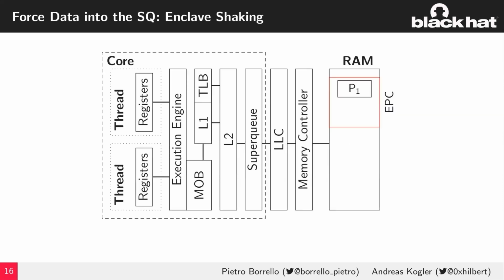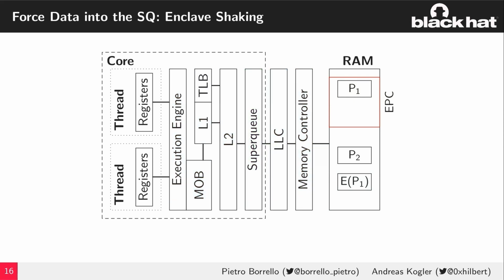Exactly. And this gets a bit more visualized here. If you see on the right side, we have one page inside the SGX page cache, and we can now use EWB to bring that page to the core, re-encrypt it, and then put it out into the main memory. Okay, this is very interesting, since while we bring this page back and forth between the CPU and the memory, we are literally making the page pass through the superqueue, so that the data in the page passes through our superqueue and we can leak it.